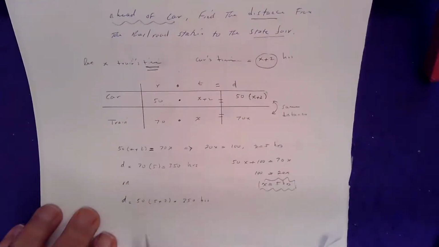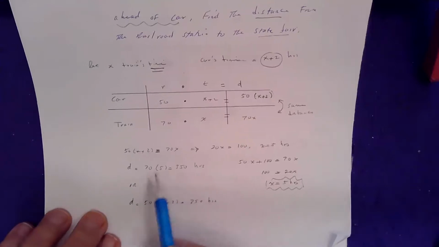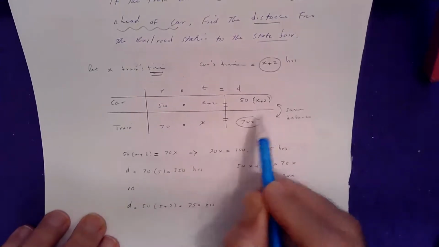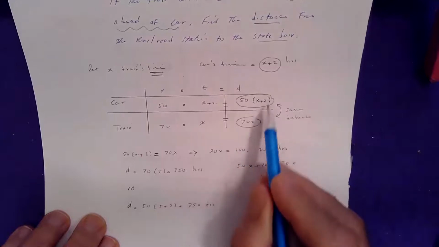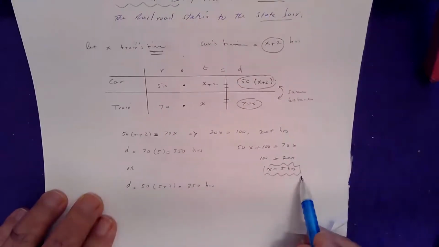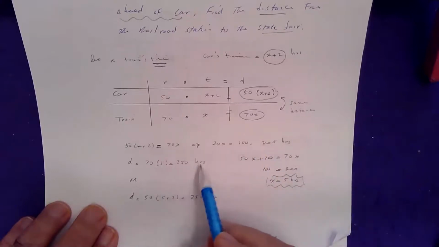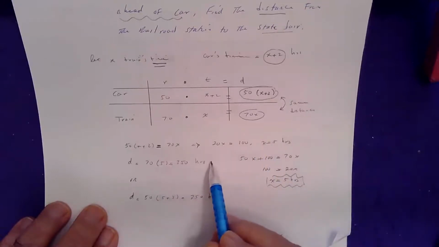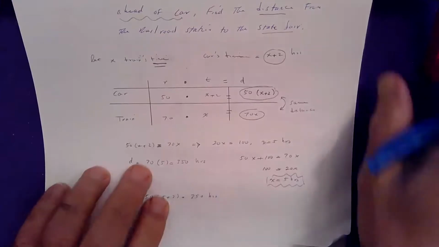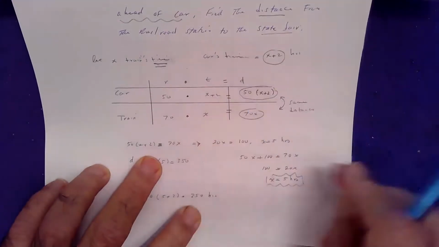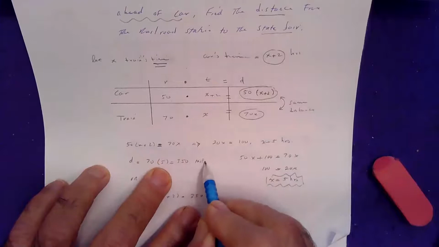So now to find the distance, you have to go either here or here, replace the x's with 5 hours, and if you go here, 70 times 5 is 350. This is 350 miles, correct?